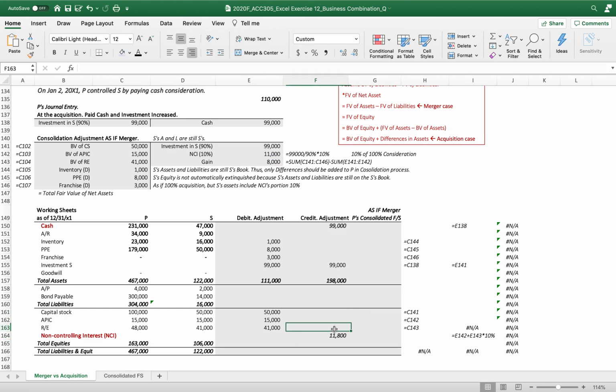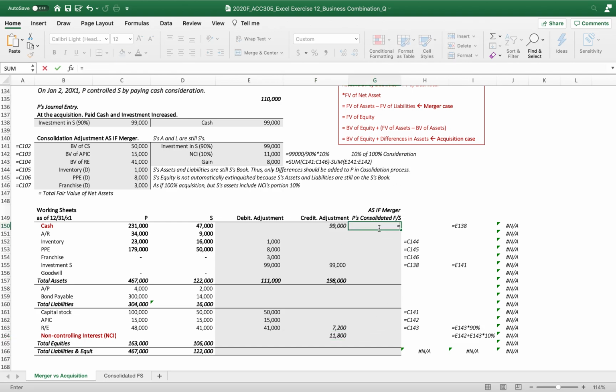In the same way, this gain also increases the retained earnings through the net income of the P company. So it should be increased by 90%, because only 90% is the control power of the P company from this acquisition process. So $7,200 should increase the retained earnings of the P company as well.